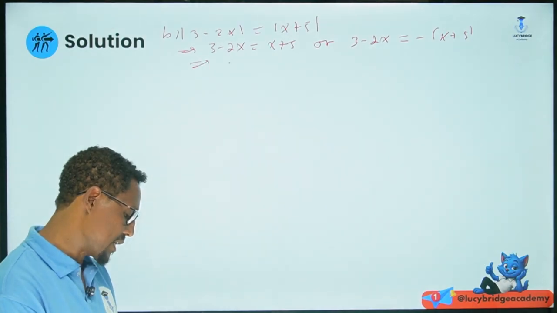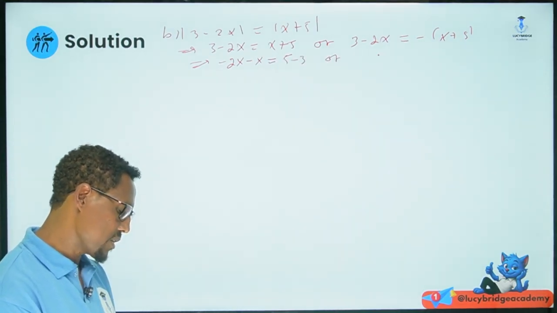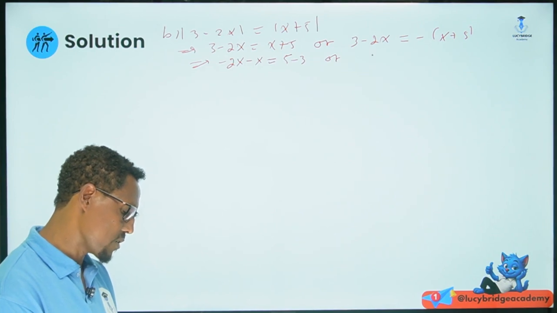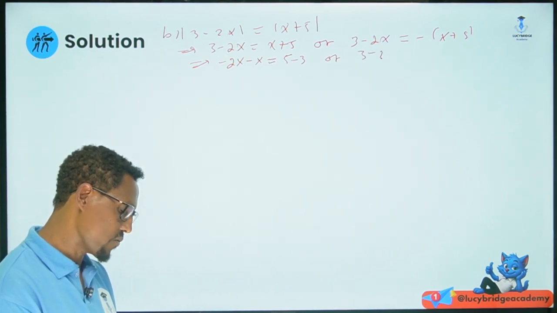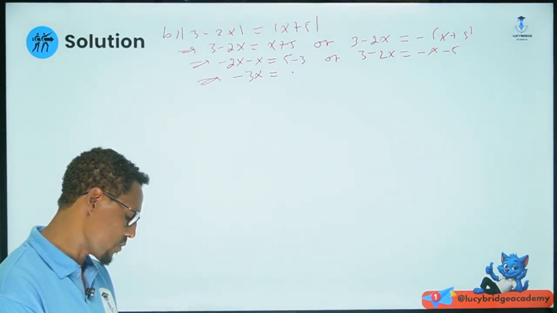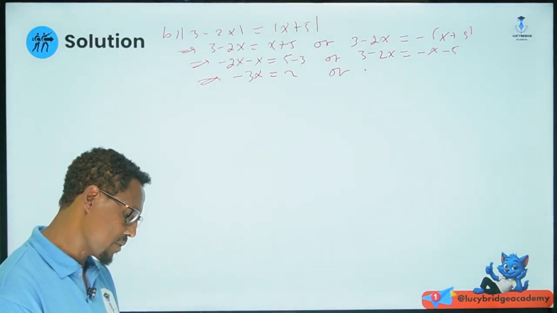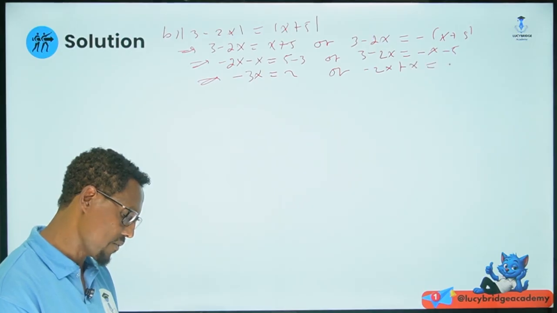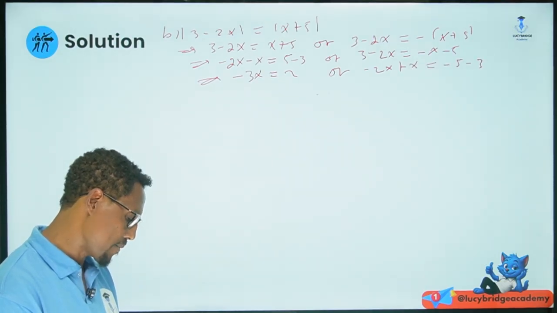Collecting like terms, minus 2x minus x is equal to 5 minus 3, which implies minus 3x is equal to 2. Or 3 minus 2x is equal to minus x minus 5, so collecting like terms, minus 2x plus x is equal to minus 5 minus 3.